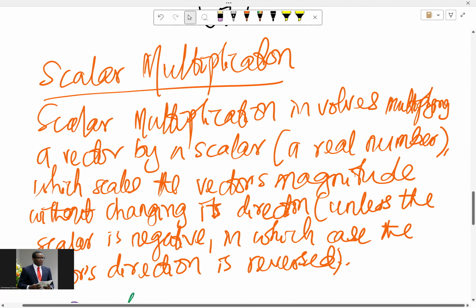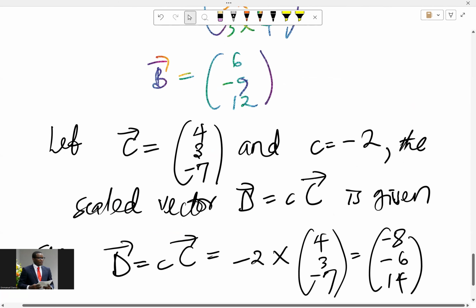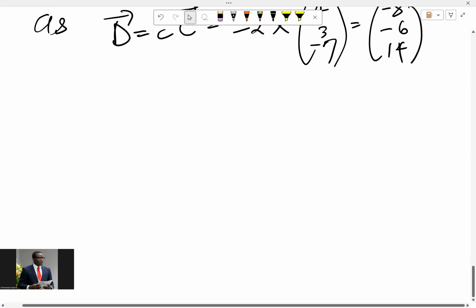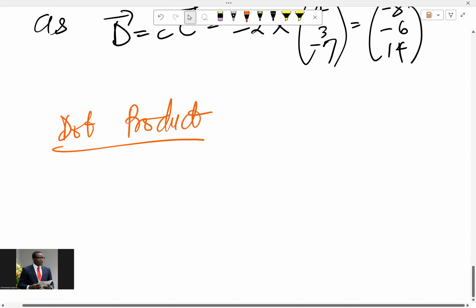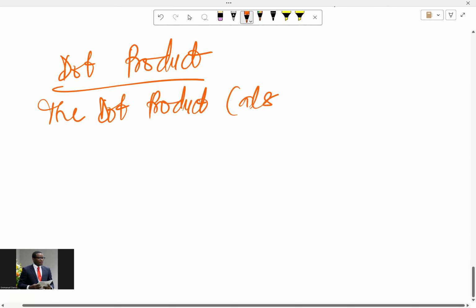And then we move on to the idea of dot products. That's still some kind of multiplication. The dot product is also called the scalar product.